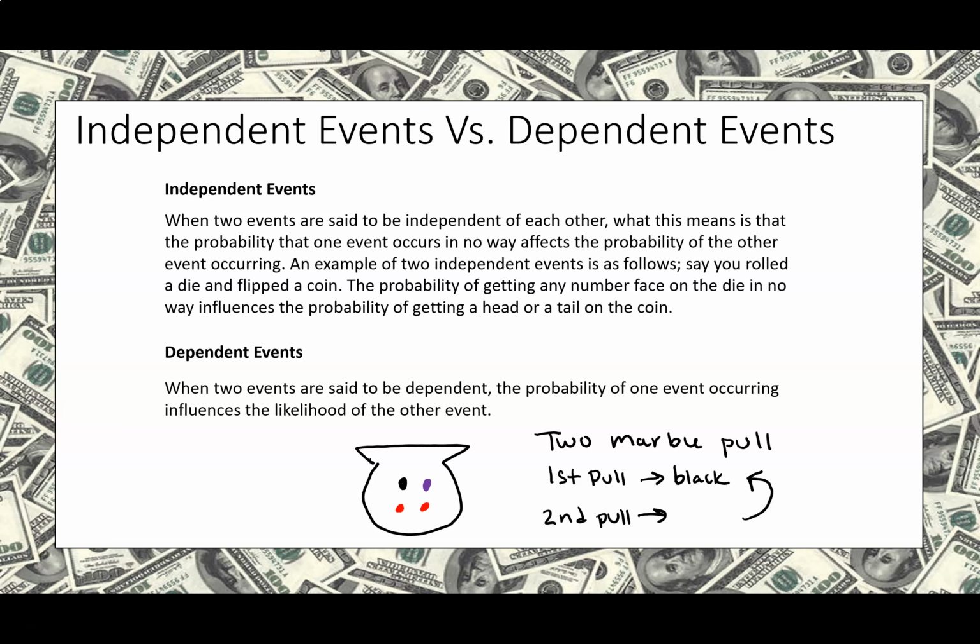So not only do you lower the number of actual marbles in the bag, which impacts the probability, but you also can no longer get a black because you pulled out 1 to begin with. So these are considered dependent events because the probability of one event occurring, pulling this black out, does influence the likelihood of another event happening.